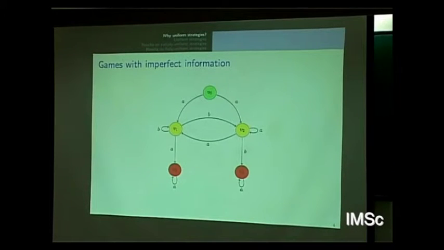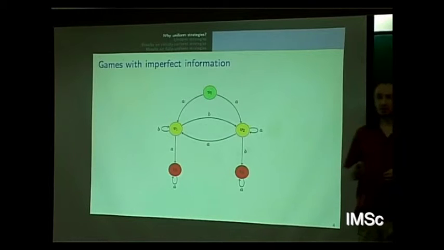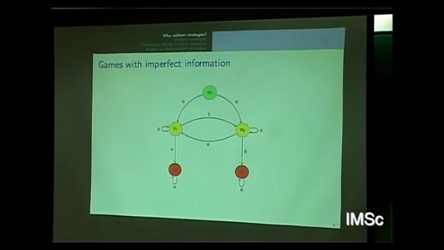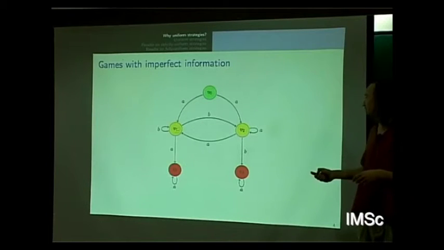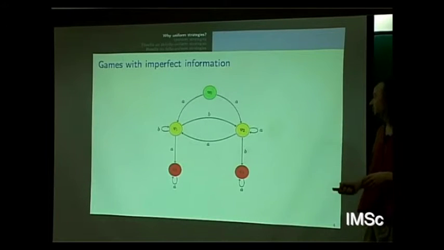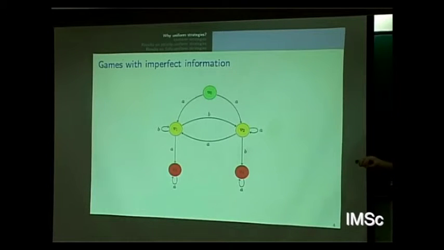And so the natural assumption when you have this imperfect information is that player 1 cannot plan to play differently in positions that he does not distinguish. Because he cannot say here I play B and here I play A, because he doesn't know where he is when he's playing.